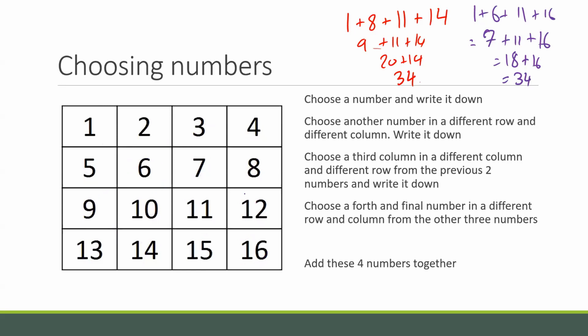Now, you can just look at this and be like, cool, whatever, this is just a fancy little trick. But you can actually then go into and explore the mathematics of it.